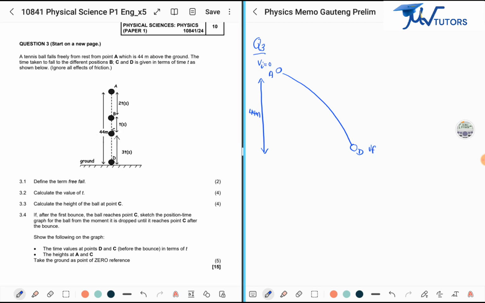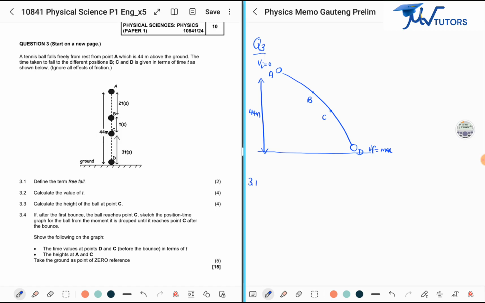Final velocity there is its maximum velocity, right? We don't know what that is. And then we have points B and C along the ride, until it gets to the bottom. Yeah, something like that. Okay, so now we can go ahead and start answering questions.